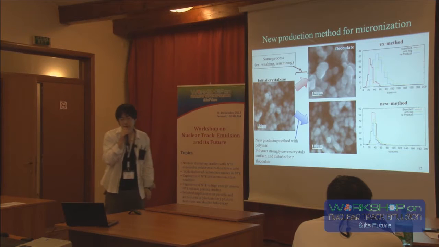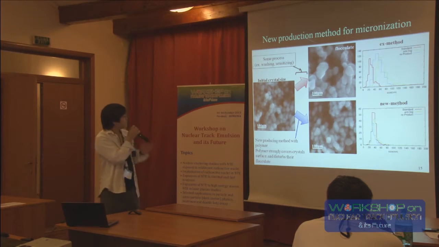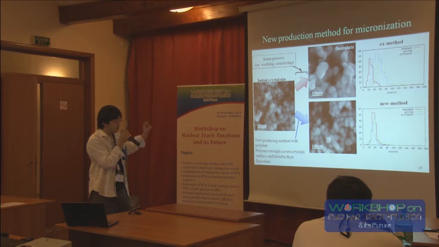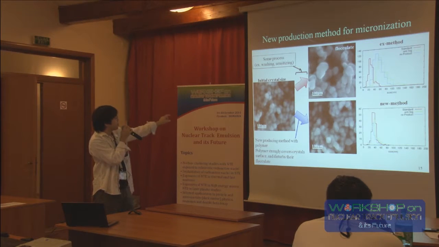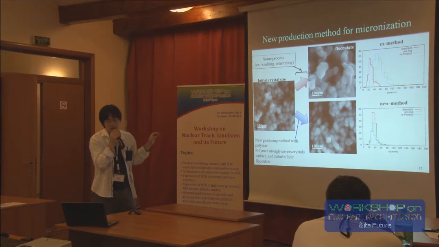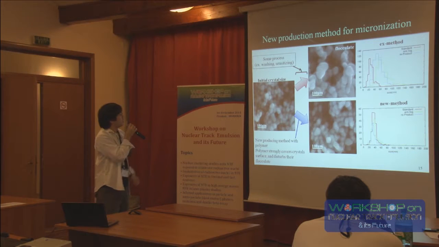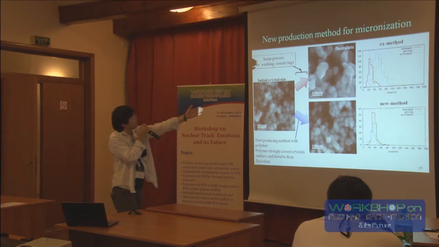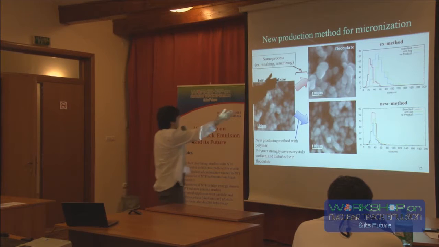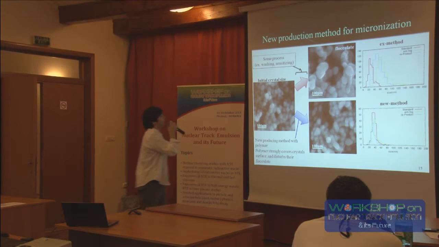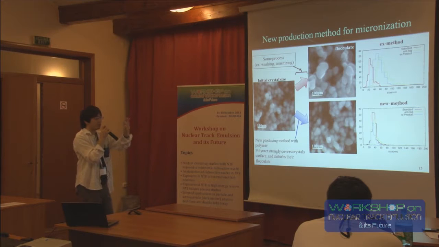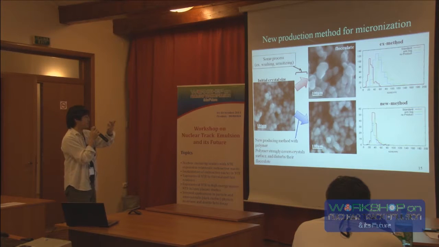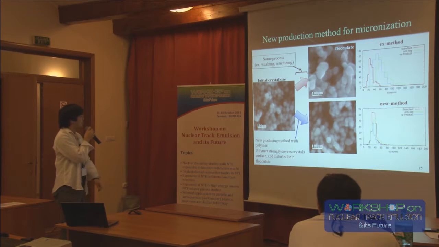The problem is flocculation. If the initial crystals become very fine grains, but some process during the production, like washing or sensitizing, makes the crystals flocculate, it causes, like in this picture, very non-cubic, non-cyclic and bigger crystals.